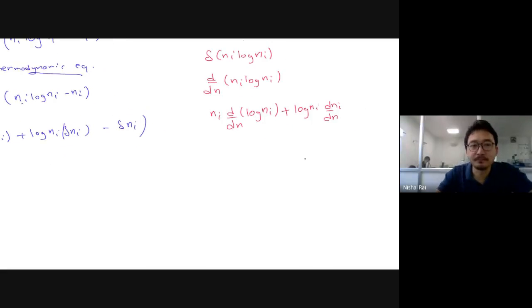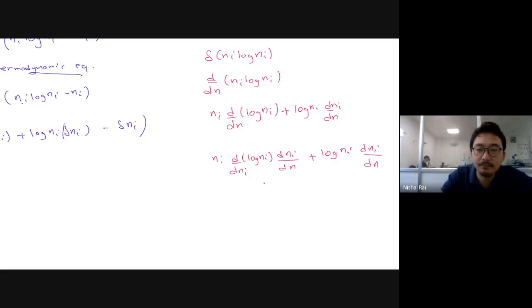Now if you take a derivative of this with respect to log ni, how much you will get? 1 by ni. Let's do it in an even simpler manner. Let's write this as del of ni log of ni delta of ni, d of ni by d of n, plus you already have log of ni dni by d of n.